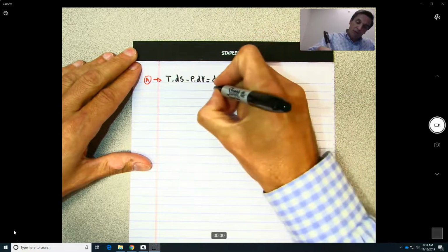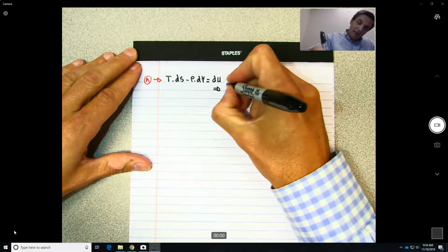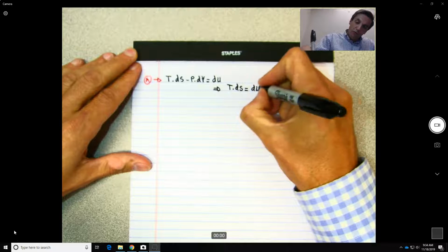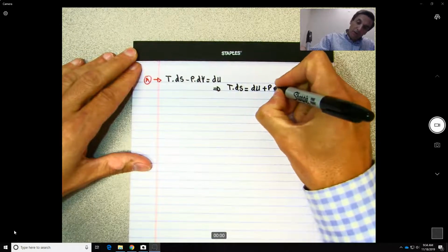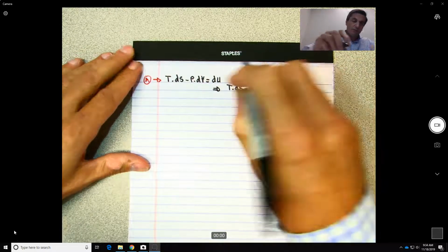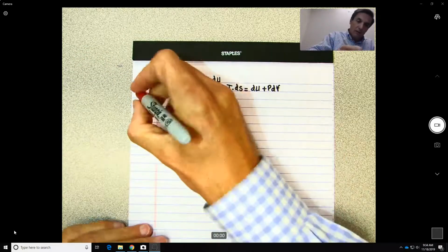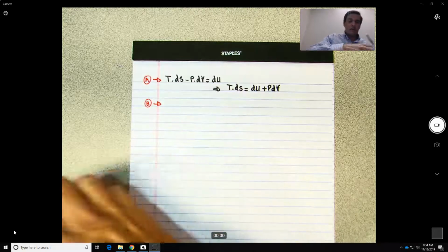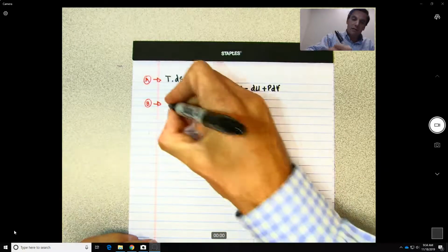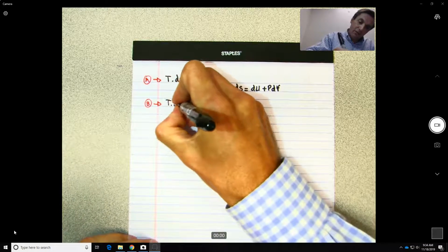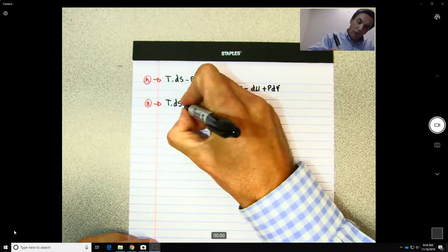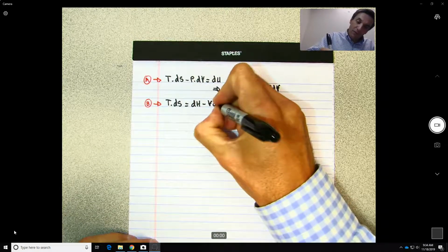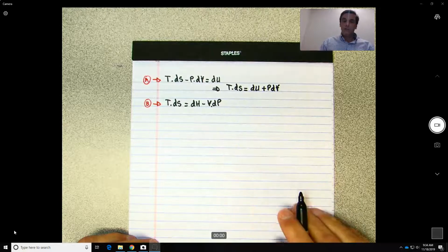So this one we can just rewrite as T dS equal to dU plus P dV. And the second one is T dS equal to dH minus V dP. So this one is already in the correct form.